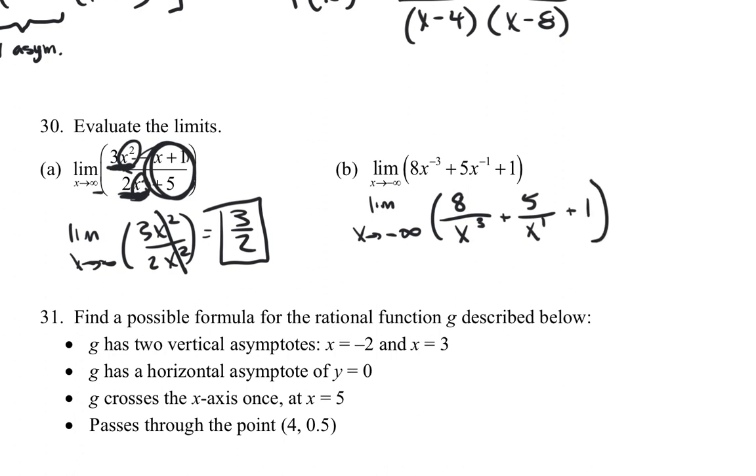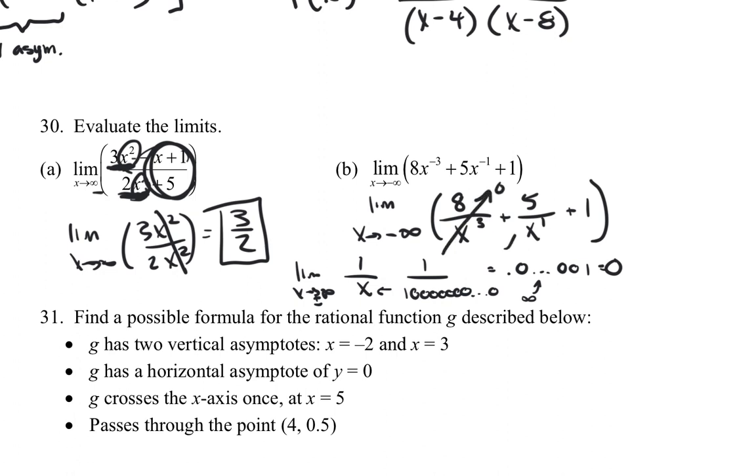I know that when we have 1 over x, the limit as it goes to infinity, or negative infinity, it doesn't matter, positive or negative, this number on the bottom is going to be so big that 1 over it is going to be 0.000 with an infinite amount of zeros in between, then a 1. So this is going to be 0. That means this term is going to go to 0, this term is going to go to 0, and we're just going to be left with 1. So this limit is going to be equal to 1.